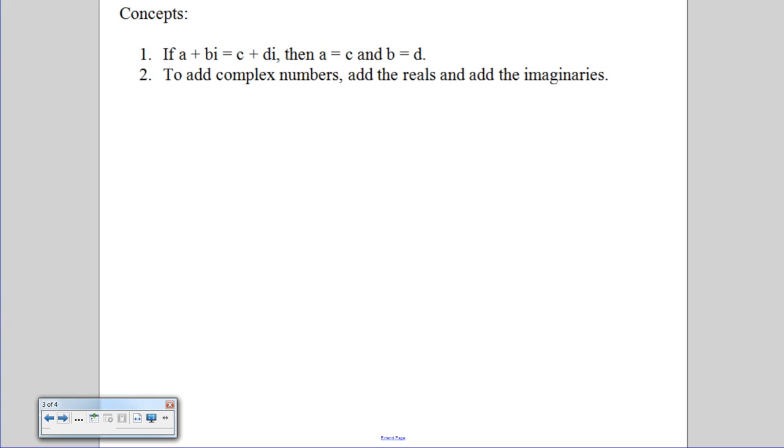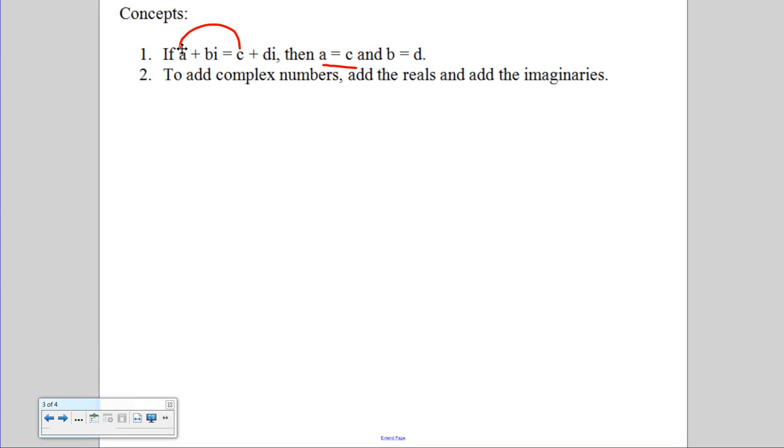This is an example that says if you have a real and imaginary part and it's equal to a real and imaginary part, then the reals have to equal, and the imaginaries have to equal. In other words, these two, A and C, have to be equal to each other, so you can write an equation, A is equal to C. Whatever A and C is, you can set equal to each other and solve.